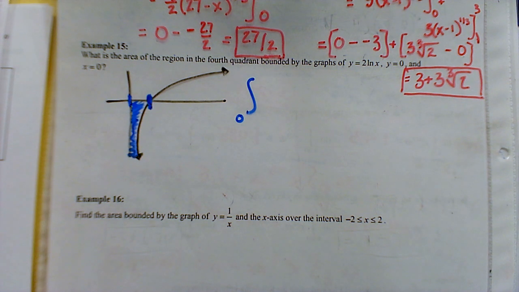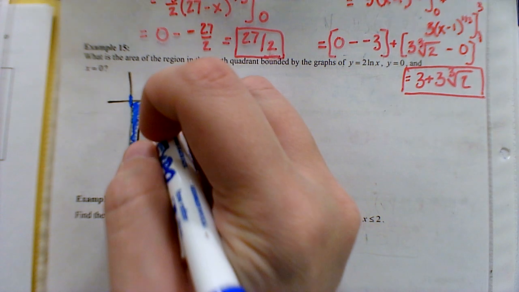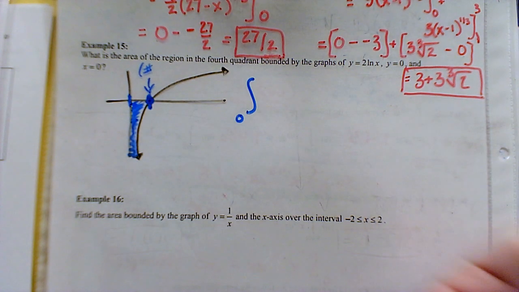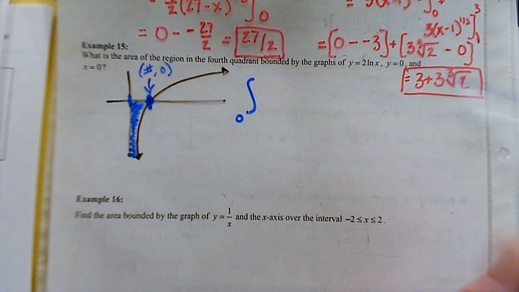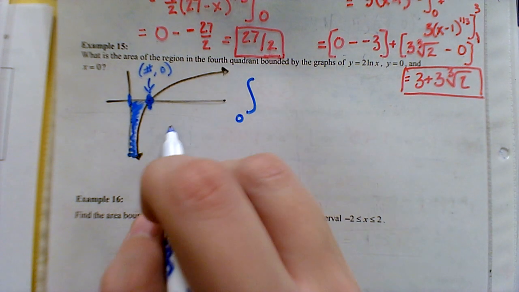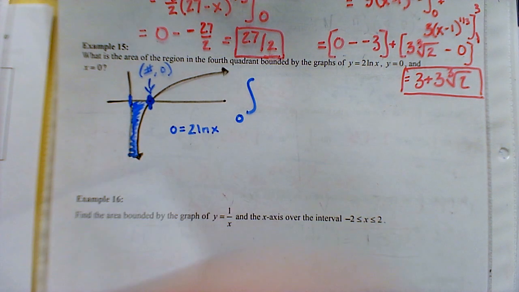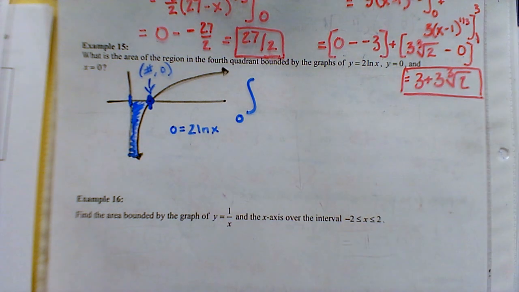So 1. How'd you get 1? Yeah, because natural log of 1 is 0, and then 0 times 2 would be 0. Perfect. What if you think about this point right there, if that's an x-intercept, you know the x value is going to be some type of number, but the y value is always 0. So on your natural log curve, if you plug in 0 for y, you could solve algebraically for x, or maybe Eric just thought about what you can plug in here that would give you a y value of 0.